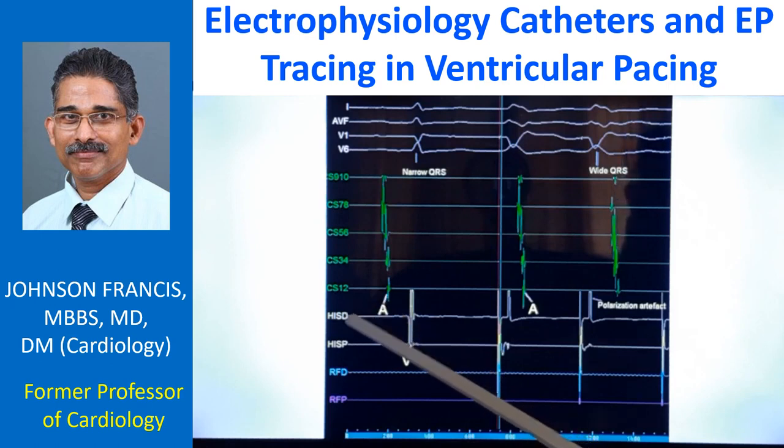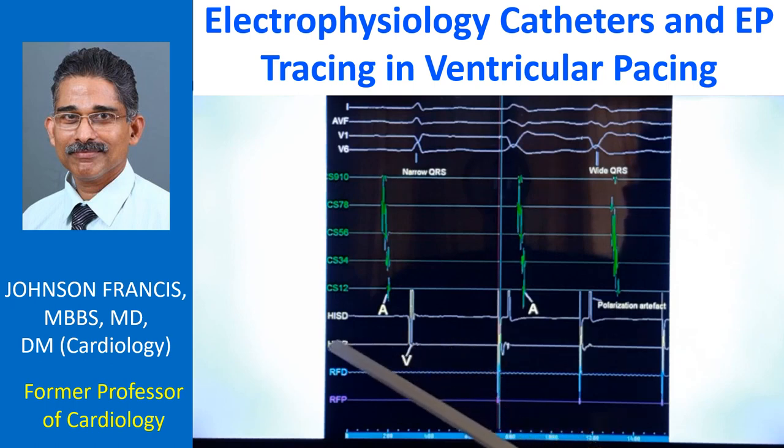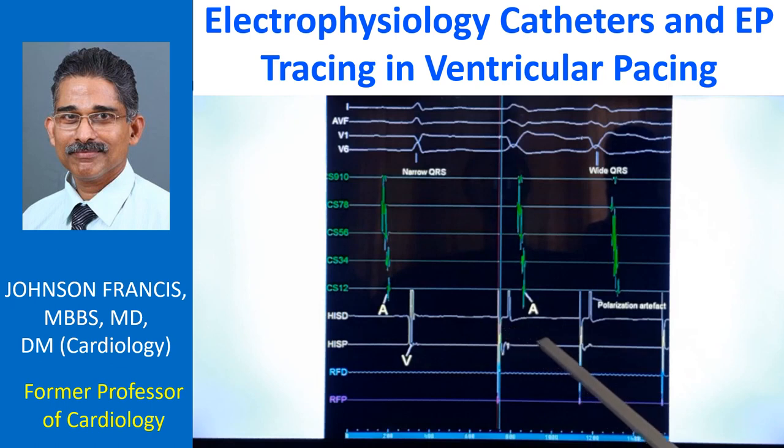Instead, it is probable that the His catheter is pushed into the right ventricle for pacing. Sometimes this is done to reduce the number of catheters in the heart to make the procedure simple. So most probably the His bundle catheter has been pushed into the ventricle and the ventricle is paced.